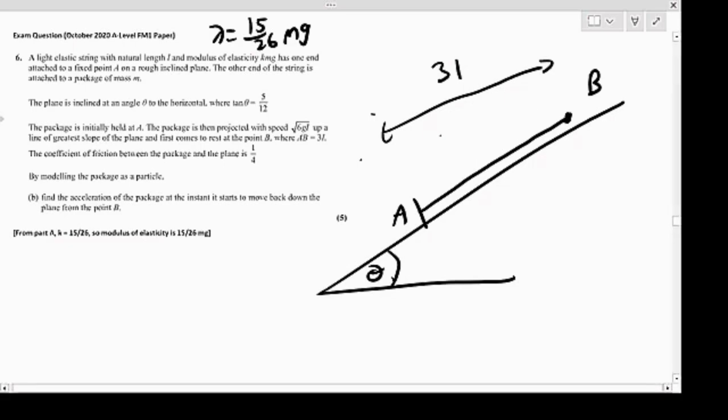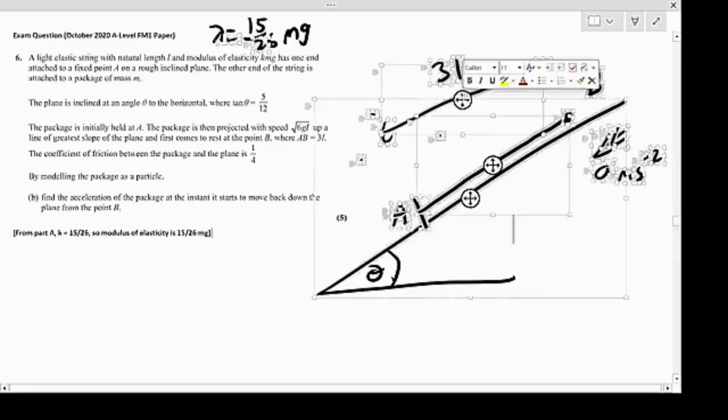Then we're told it comes to rest, and then we need to find the acceleration as it comes back down from the point B. So the idea is it goes from A to B, the particle, and then it's going to come back down from B. So we're going to need to find the acceleration as it moves down the slope from B. And we know for definite the acceleration is downwards here because it tells us the particle is moving down the slope here. Okay, so there we are.